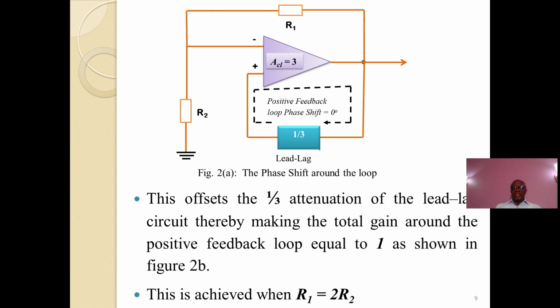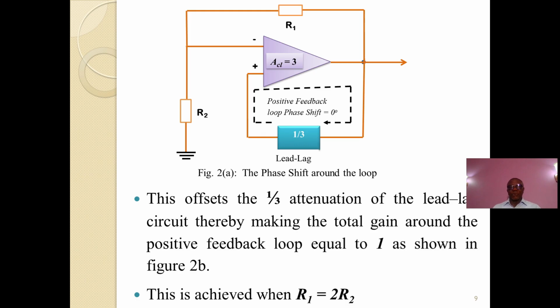In order to offset this 1 over 3 attenuation of the lead lag circuit, we must have a total of 3, so that the feedback loop gain must be equal to 1. And we say that this is achieved when R1 is equal to 2 times R2.